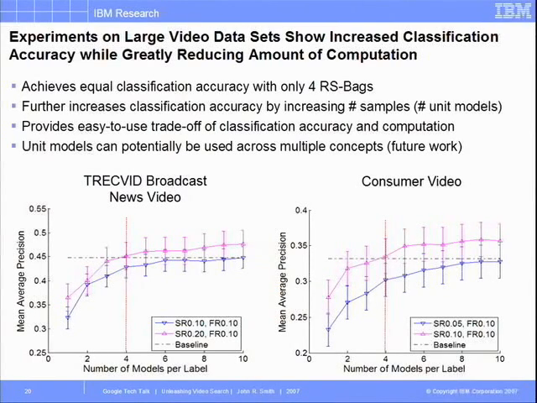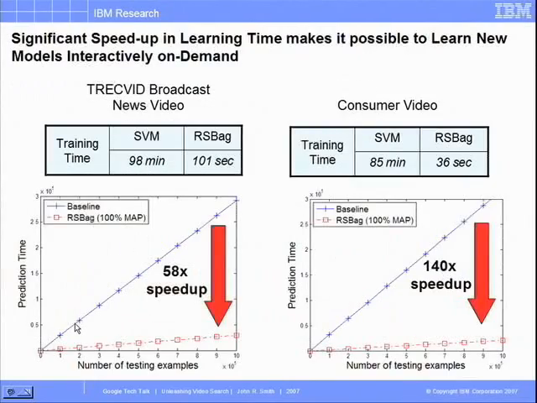And this has something to do with maybe being more robust to noise when we're doing this kind of sampling, but we're still maintaining very good performance in terms of the accuracy of those models by just using these extracts.